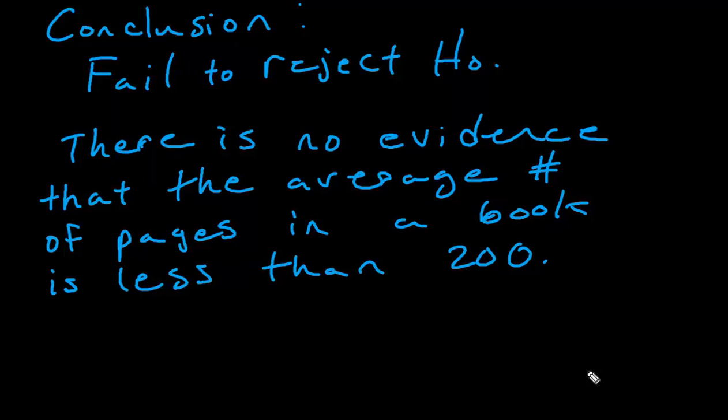But that's it for hypothesis testing with the t-statistic. Really, it's just substituting those critical values. That's all it is when you get down to it, so it's still kind of the same stuff.